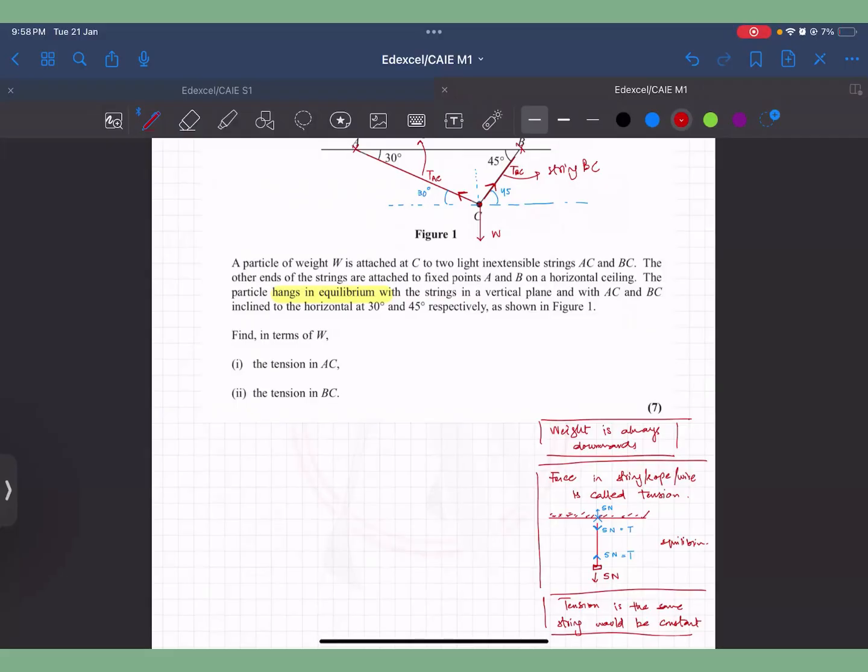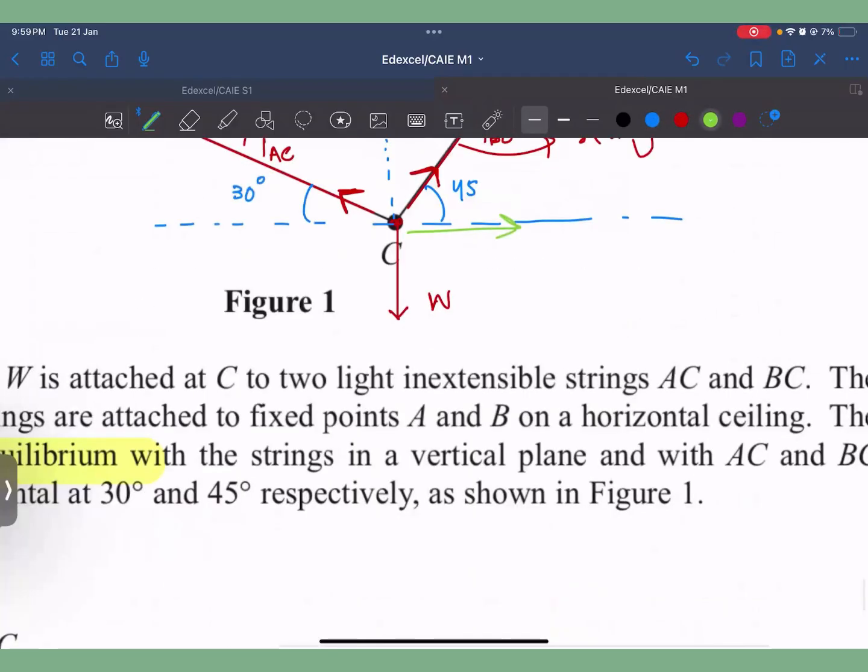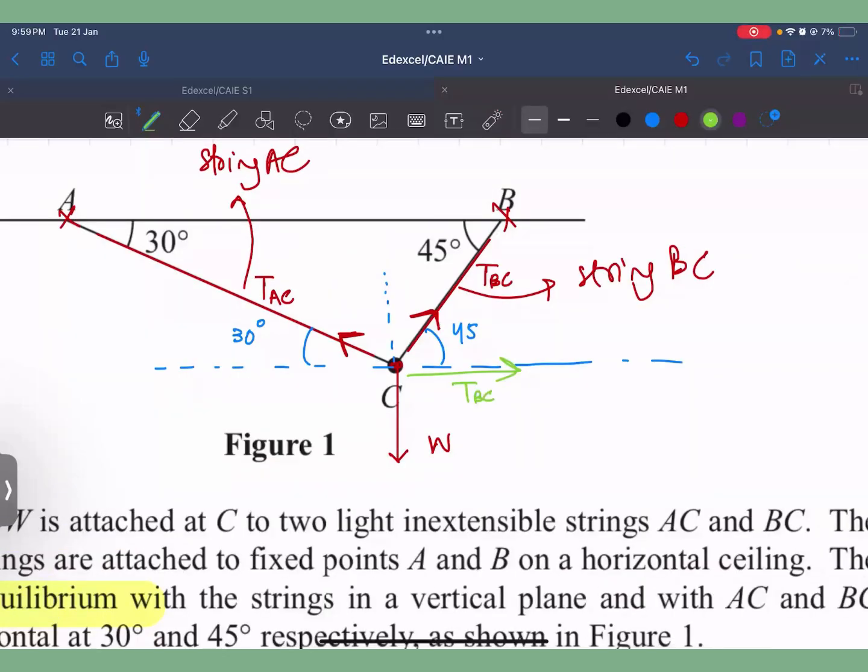So what do we do? They have told us this is an equilibrium, so the sum of vertical forces would be 0. If we break it down into components, this would be tension BC cos 45, and vertically upward this would be tension BC sin 45. This would be tension AC cos 30, and this would be tension AC sin 30.